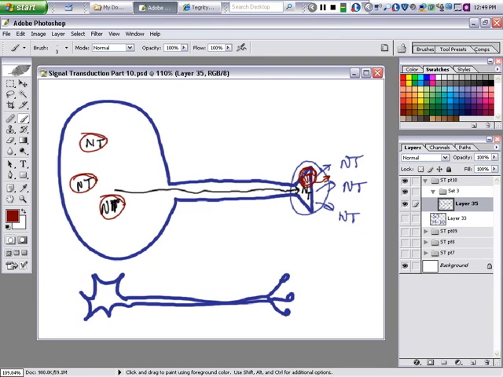So, how many people believe that the neurotransmitter is synthesized in the nerve ending and then released? Okay, 1, 2, 3, 4, 5, 6. Okay?